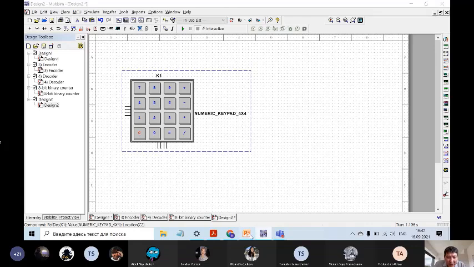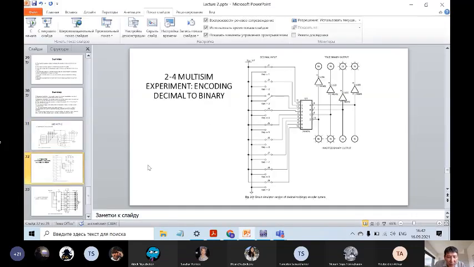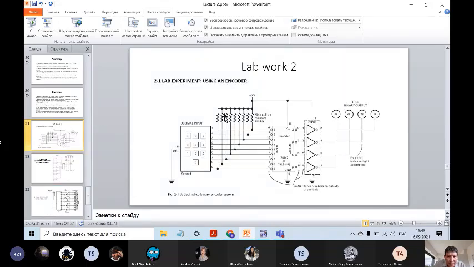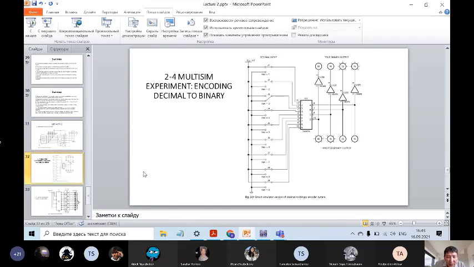So for these reasons, we just use this key, this switch, and just name it. For example, key 1 is our number 1, key 2 is number 2, etc. So instead of this one, you can assemble this one.